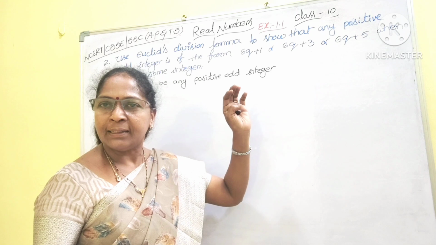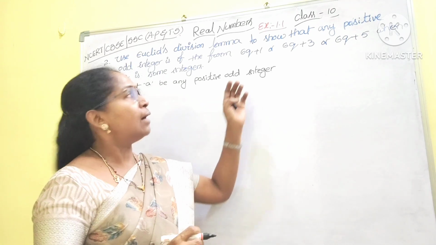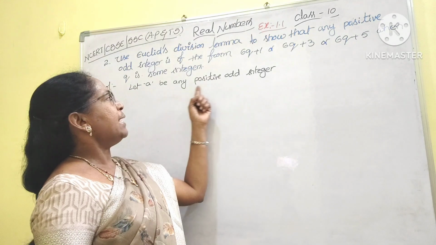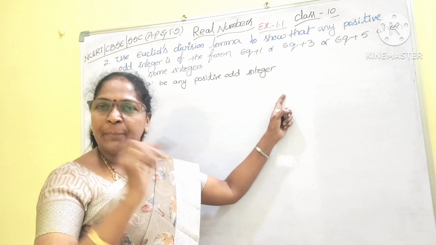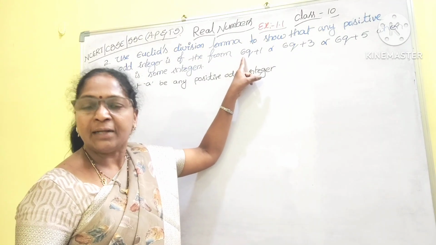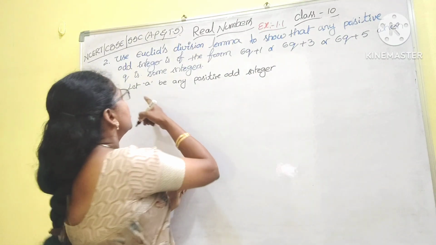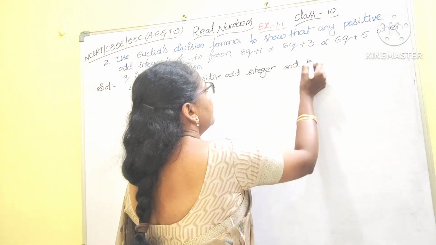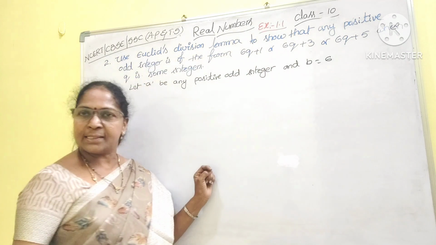What is Euclid's division lemma or algorithm? A equals BQ plus R, where A is any positive integer. In place of B, whatever number is given, you have to assume as B. So let A be any positive integer and B equal to 6.